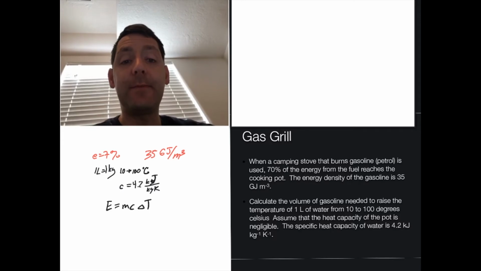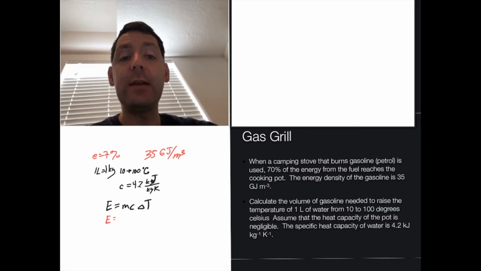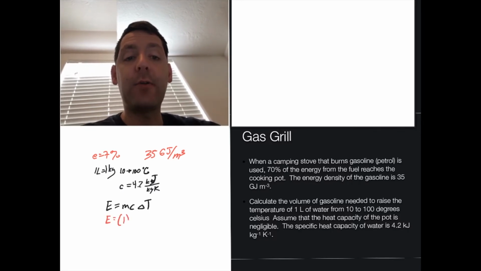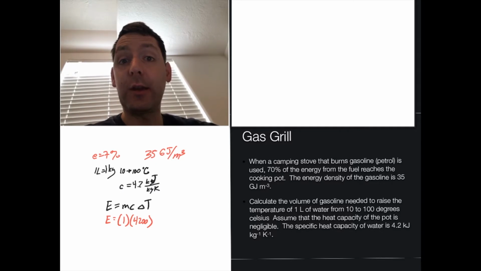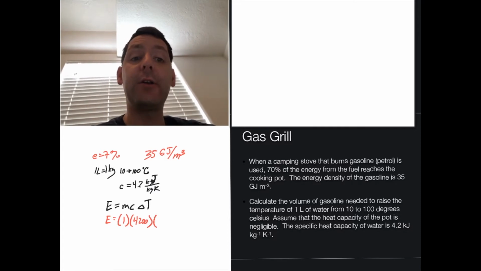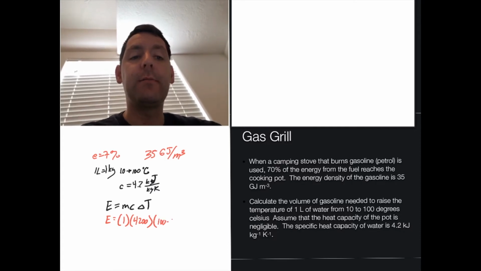So the energy that we need is equal to 1 kilogram of water times C, which is 4,200, because it's kilojoules and I need to turn it into joules for SI, times the change in temperature. We need to go from 10 to 100, so that's 100 minus 10.